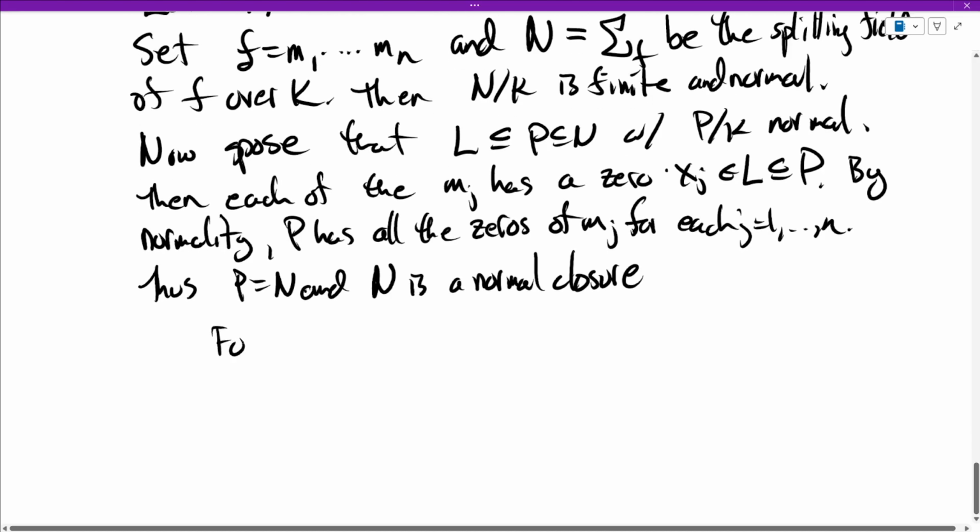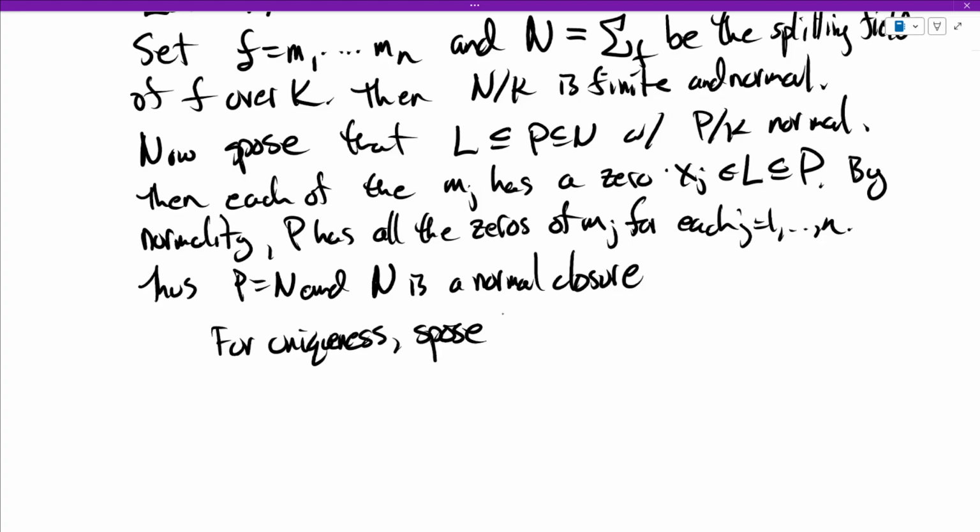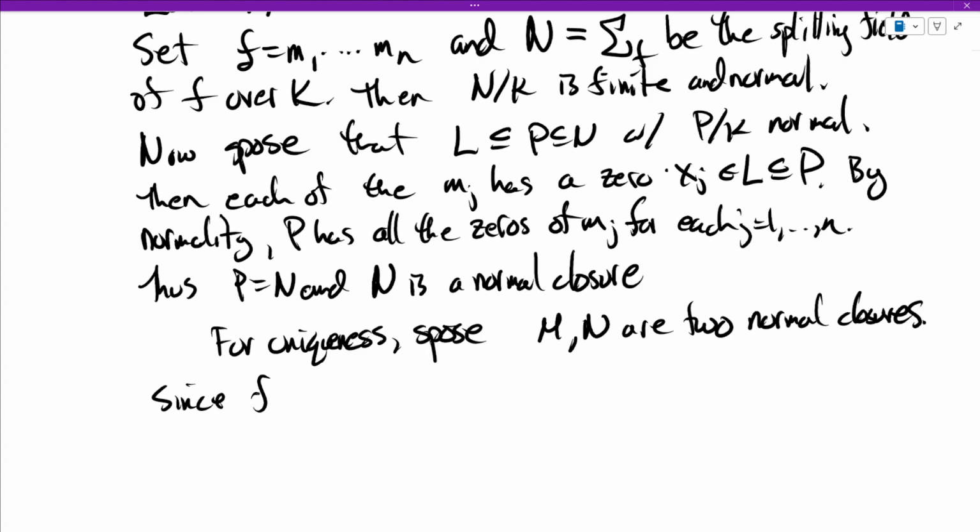So for uniqueness, suppose we have two, M and N are two normal closures. F splits in both M and N. Why? Well, they are both normal. They have the roots x1 through xn in them because L is a subset of both of these. And by normality, they must have all the other roots.